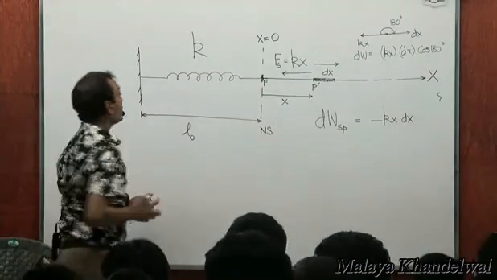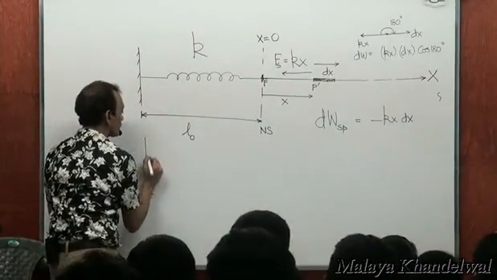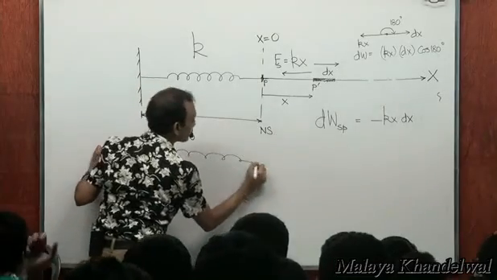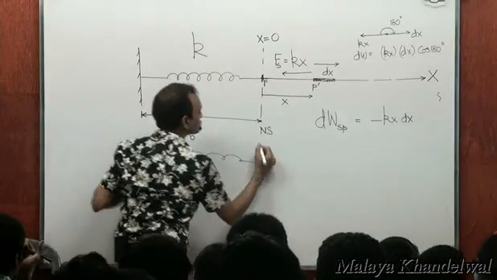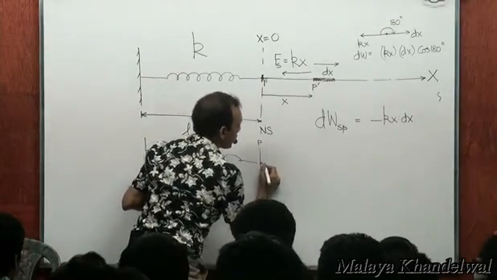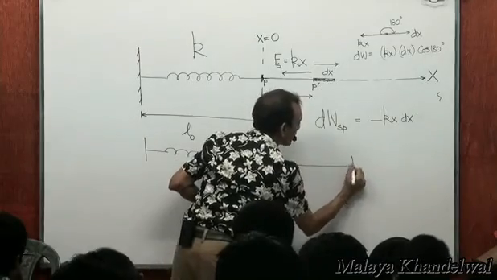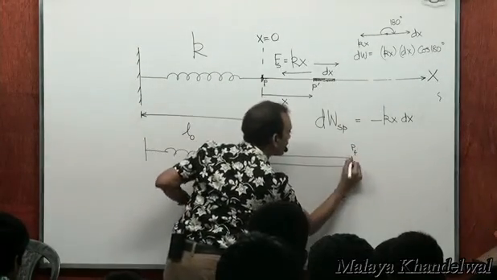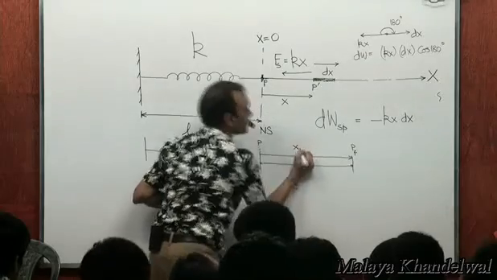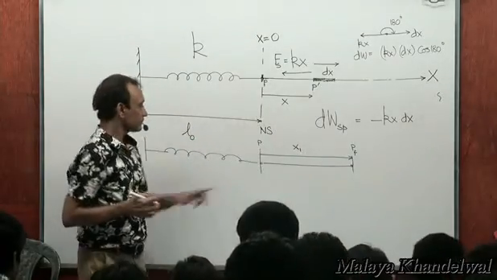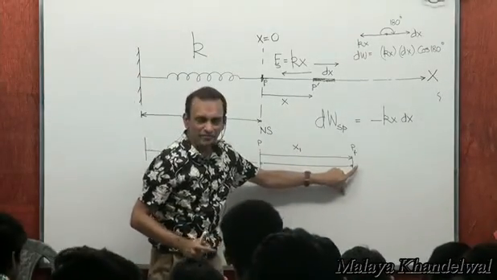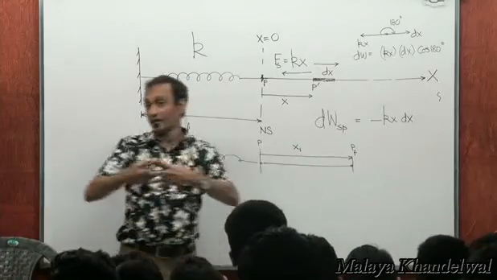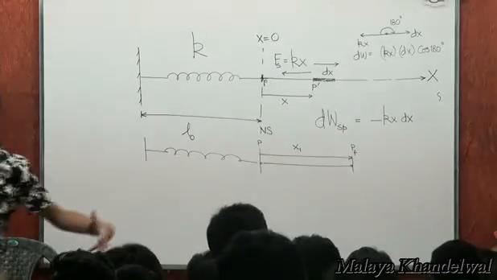Now, if I had the task of displacing the spring by a total amount x1, if I want to elongate the spring by a total amount x1, from P I want to go to PF with a total displacement x1, total elongation x1 of the spring.